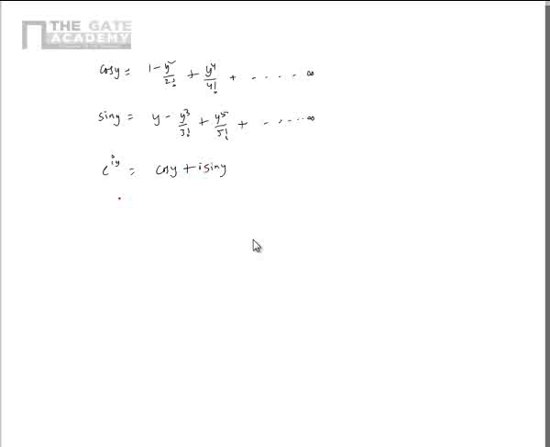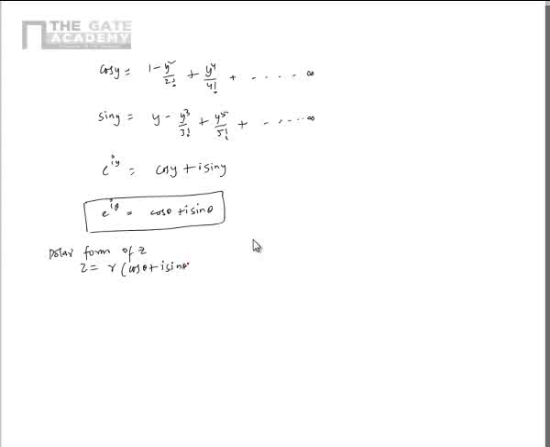So in general, e power i theta becomes cos theta plus i sin theta. So this is a very important result. Now we know the polar form of z, which is z equals r times cos theta plus i sin theta. This we have again seen from x plus iy, writing x as r cos theta and y as r sin theta.